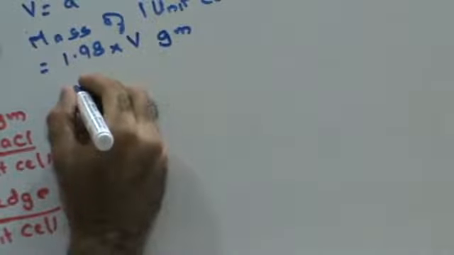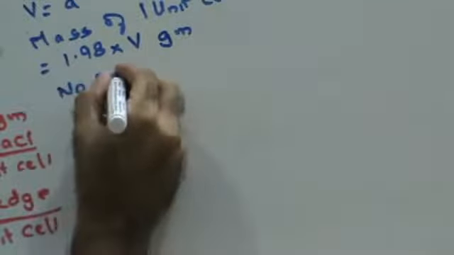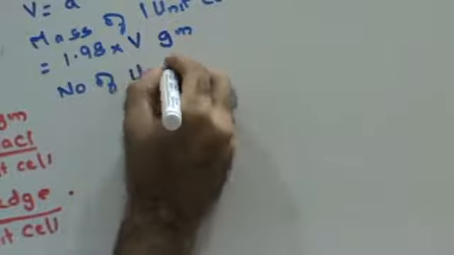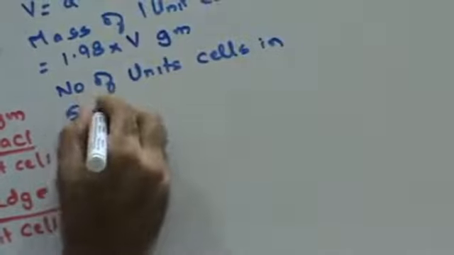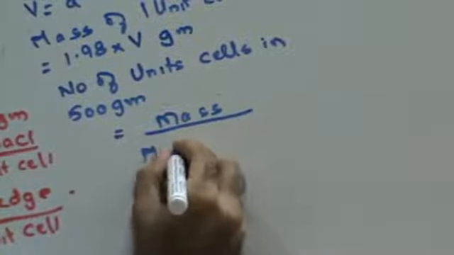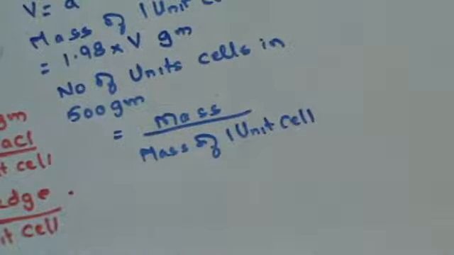So I could say that the number of unit cells in 500 grams is going to be nothing but mass upon mass of 1 unit cell. I know mass of 1 unit cell, I know I am using 500 grams, so I will come to know how many unit cells are going to be present in this.